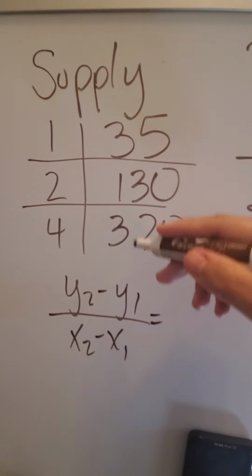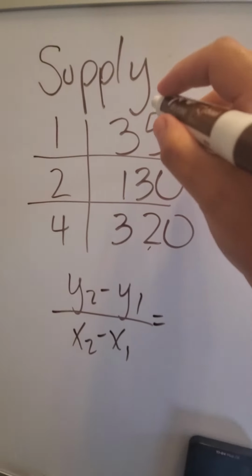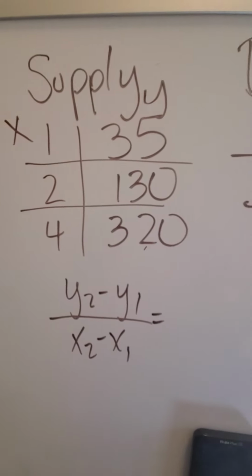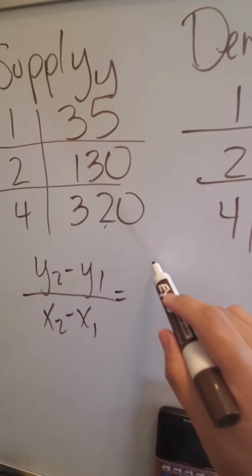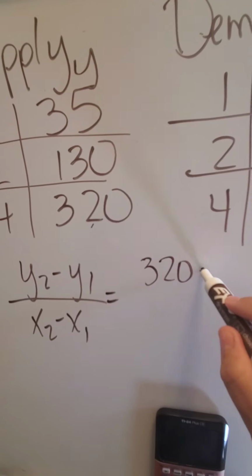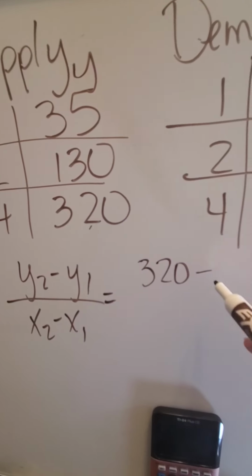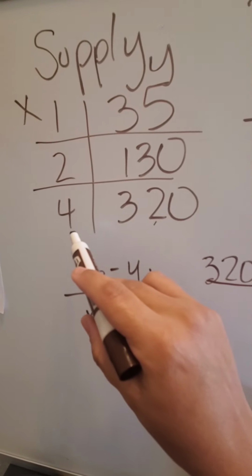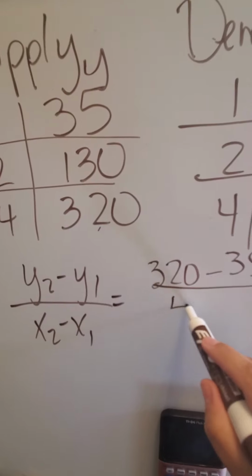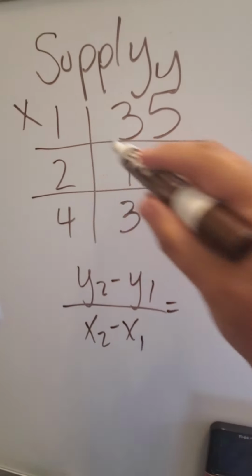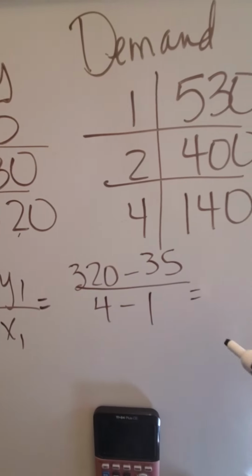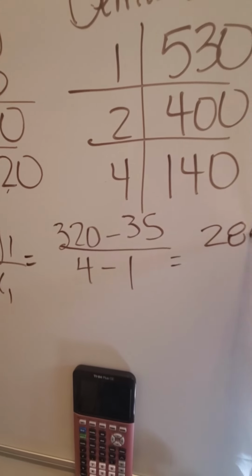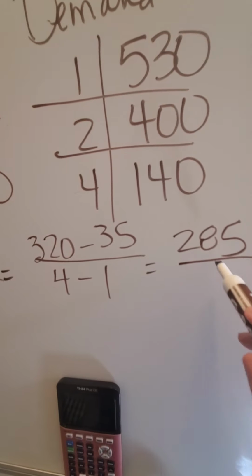So my y's are always on the right, and my x's are always over here on the left, right? So y2, I'm going to say 320 minus y1, 35, over x2, 4, minus x1, which is 1. Okay, so 320 minus 35 would give me 285, and 4 minus 1 is 3.